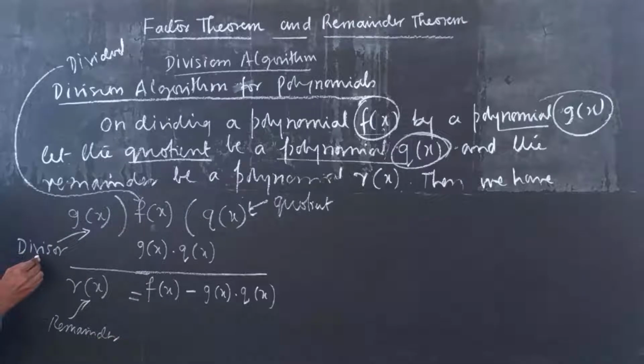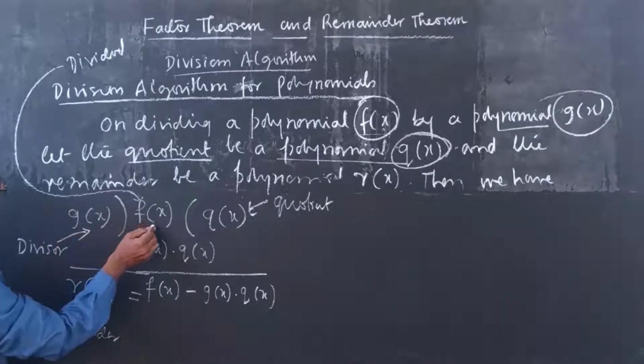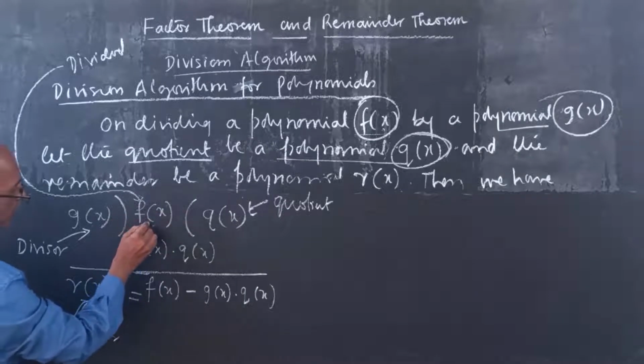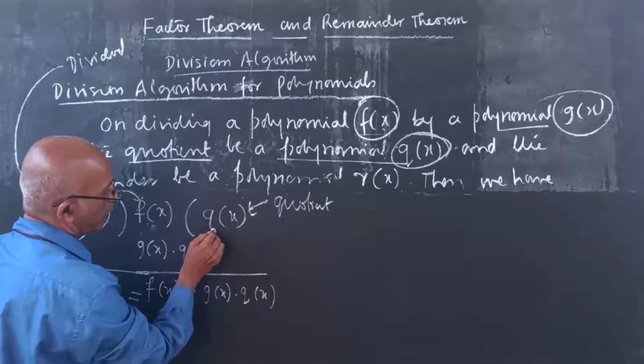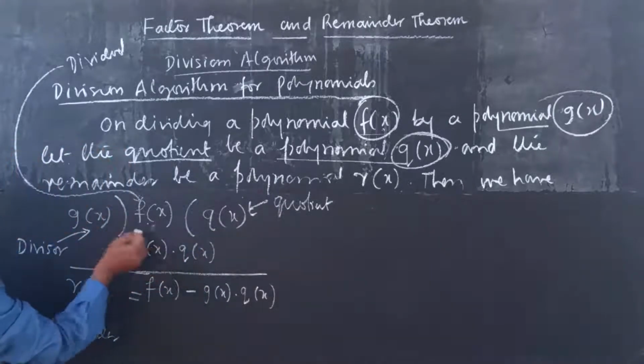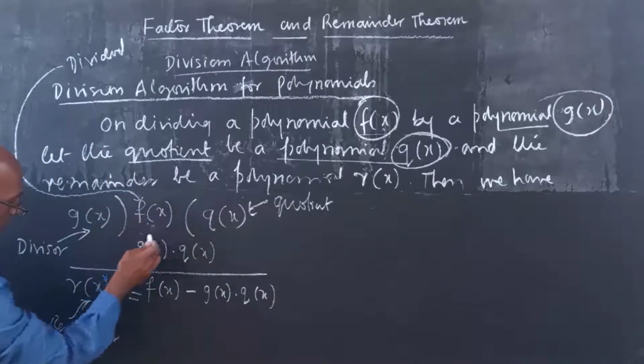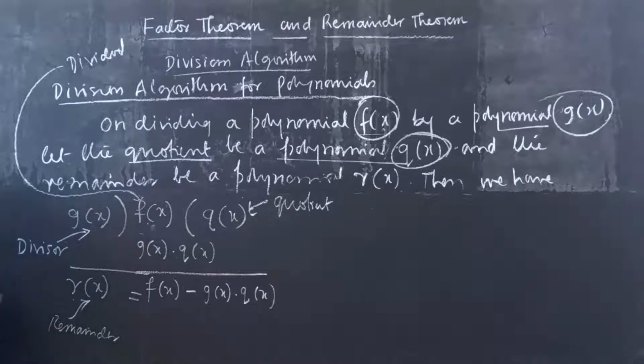So the divisor is a polynomial denoted by g(x). The dividend is a polynomial denoted by f(x). The quotient is a polynomial denoted by q(x), and this is the product of divisor and quotient. On subtracting, we got one more polynomial r(x), called the remainder.